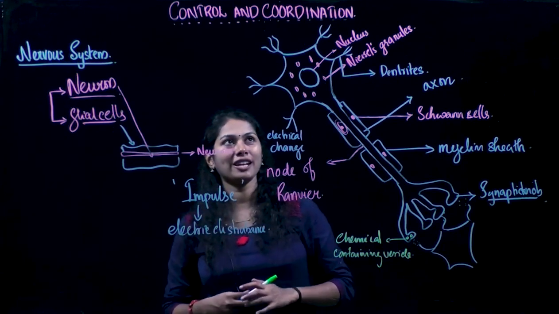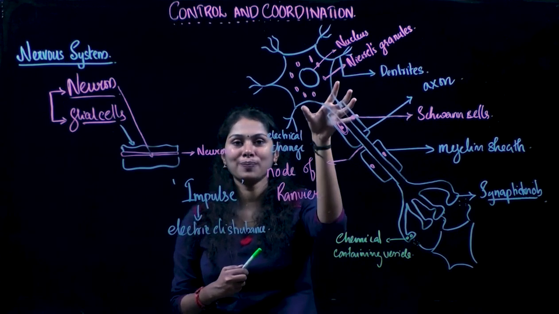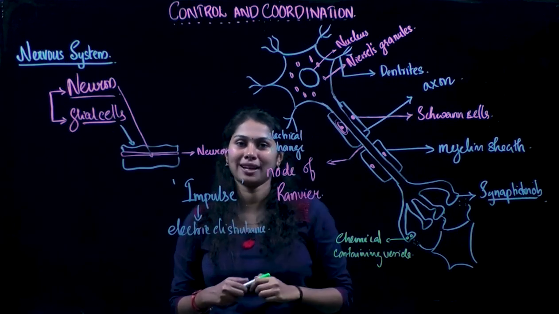So this is how a nerve conducts an impulse, and this is the structure of the basic cell of the nervous system, that is our neuron.